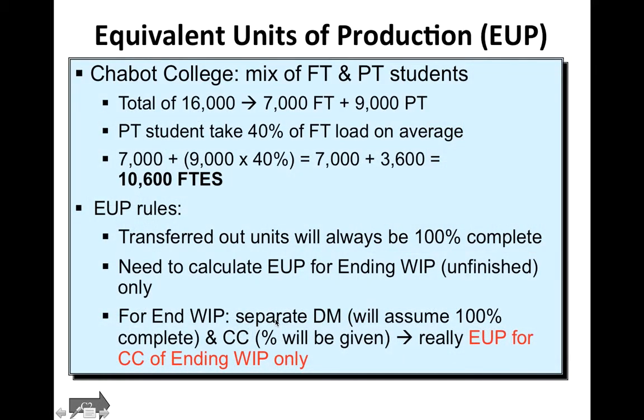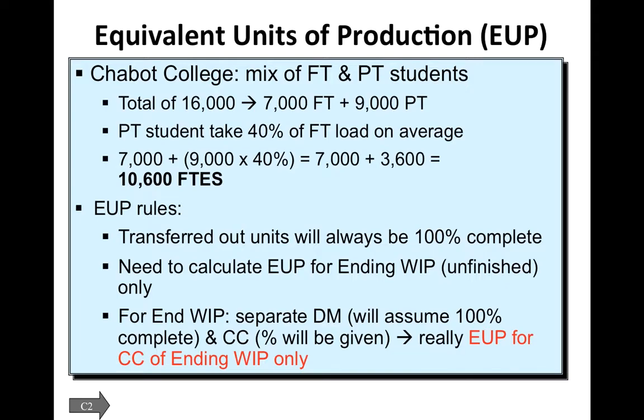So the equivalence units of production here, you can think about different rules. But if you think about baking cookies, and if you think about the mixing department, or baking department, the cookies that are transferred out are 100% complete. But the cookies that stay in the ending inventory are partially complete.